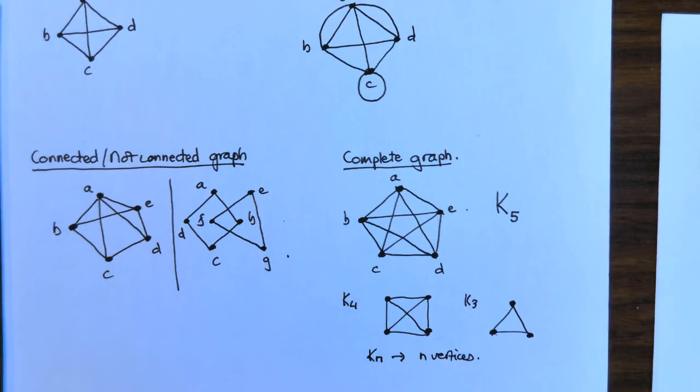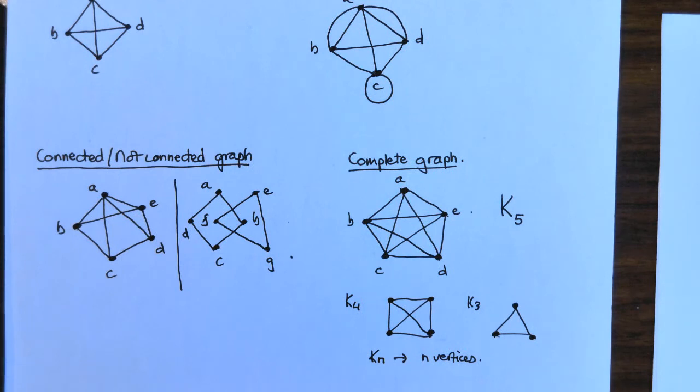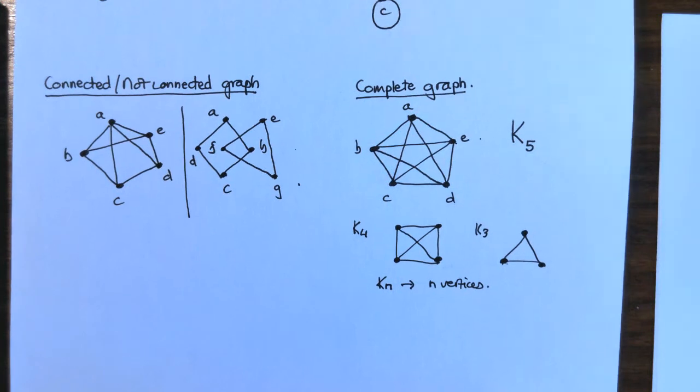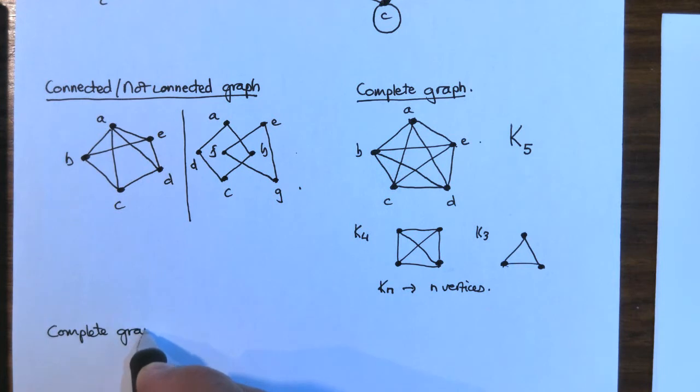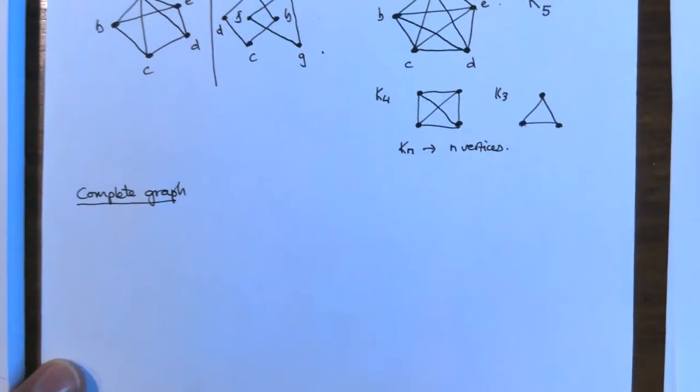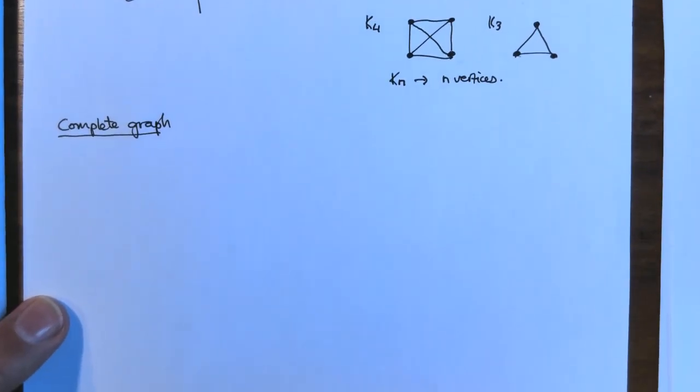Okay, so what else can we say about complete graphs? We're sticking to complete graphs, and we're going to talk about properties or things that relate to these complete graphs.